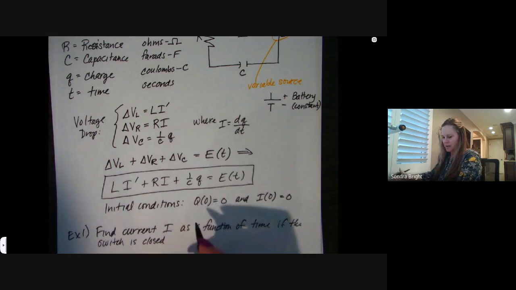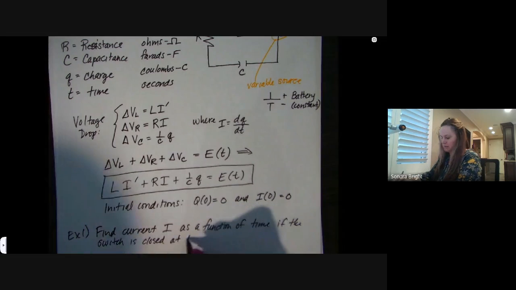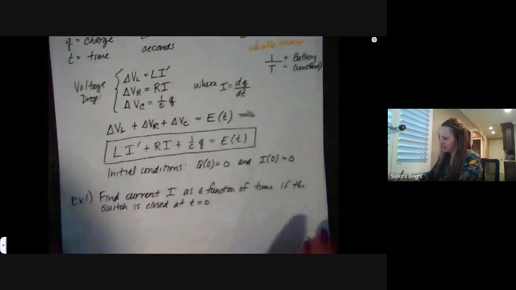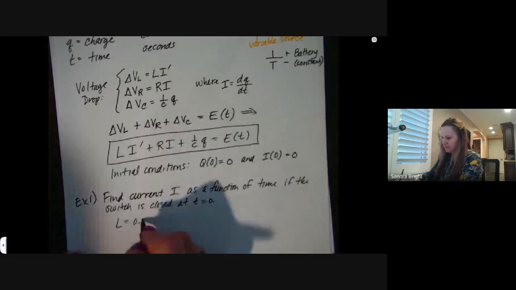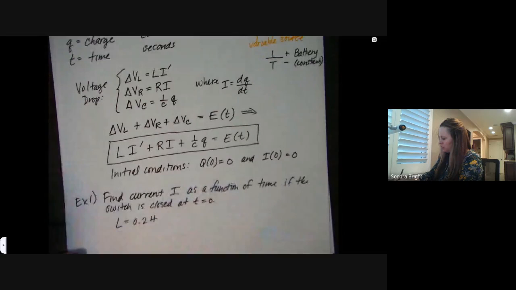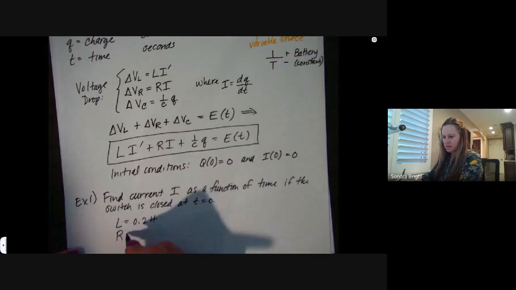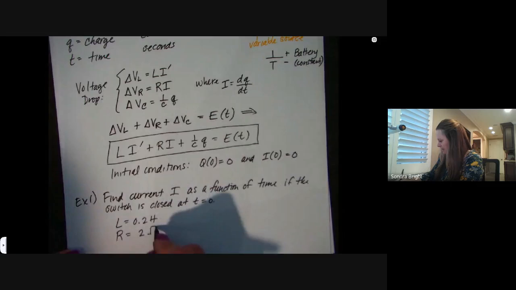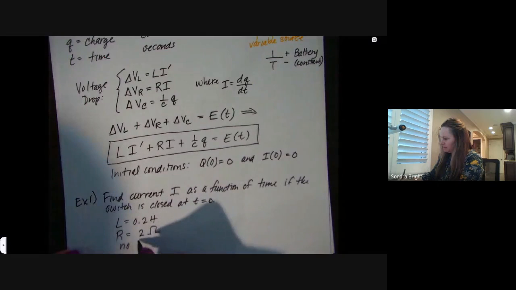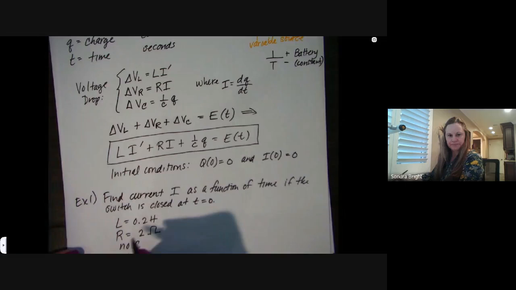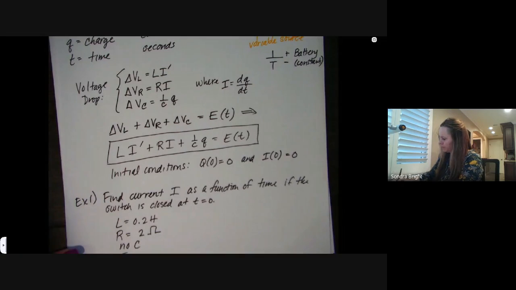The first one they gave us has inductance 0.2 henries, resistance 2 ohms, no capacitance, and the voltage is 4 volts.